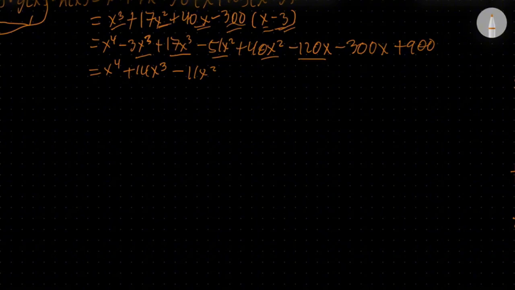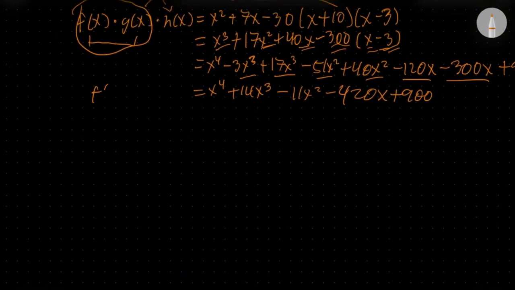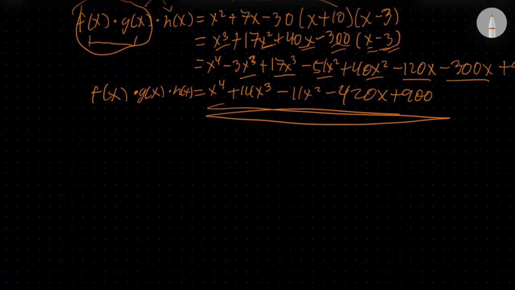And negative 120x minus 300x is negative 420x plus 900. That is f of x times g of x times h of x. And that is our answer.